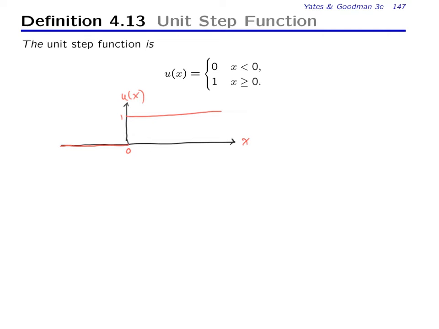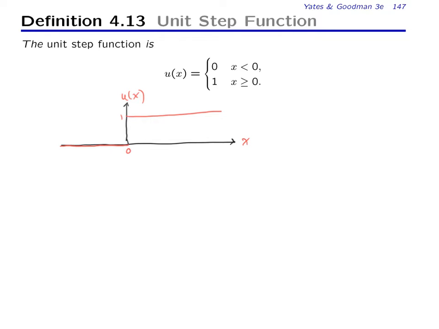In circuits or in signals and systems, the unit step represents an input signal, say a voltage, which is off up until time 0, and then at time 0, it turns on to a DC level. In probability analysis, we're going to use the unit step to model CDFs that have jump discontinuities.